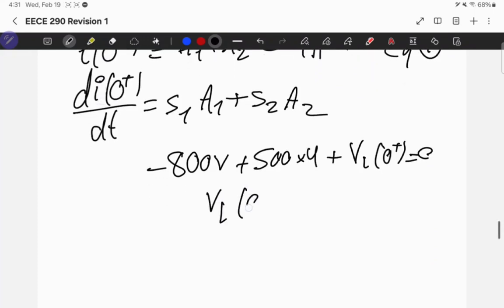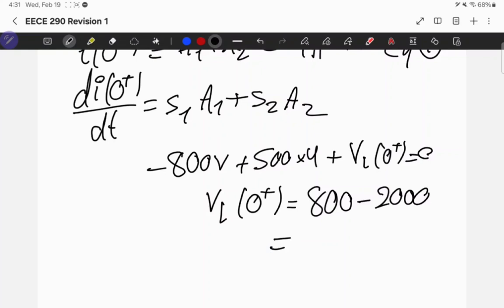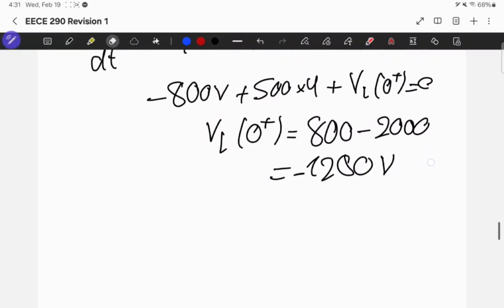So VL at 0 plus is equal to 800 minus 2000, which is equal to minus 1200 volts. Yeah, just volts. Okay, this is my voltage.